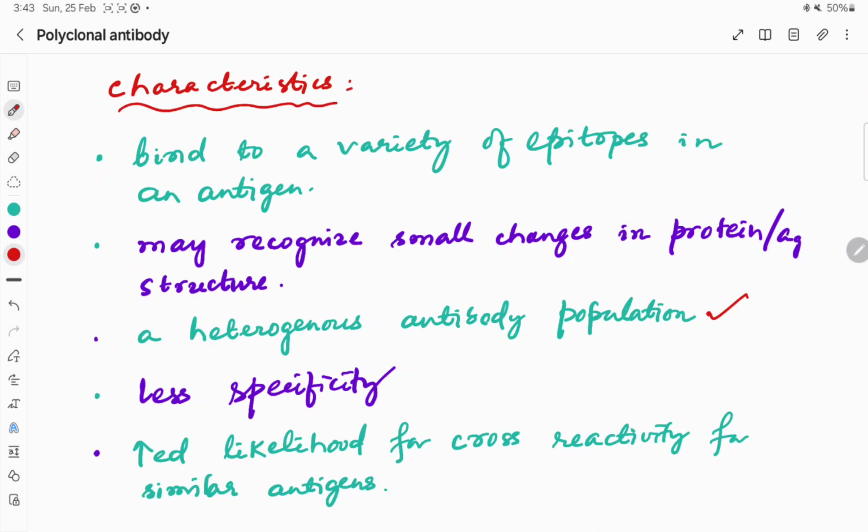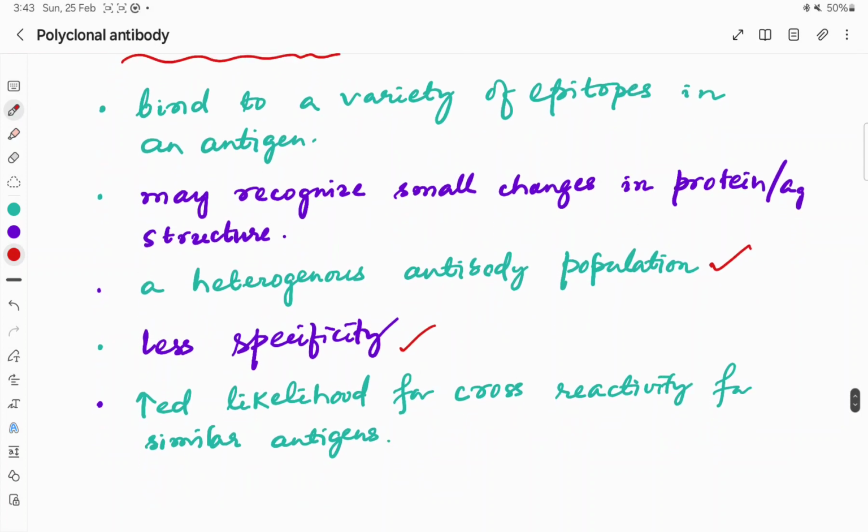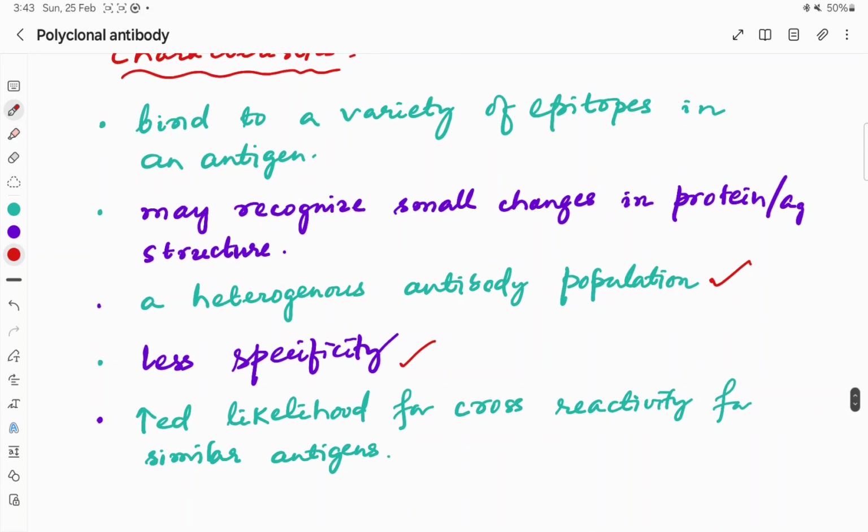It is less specific because it can bind to a variety of epitopes, and there is increased likelihood of cross reactivity for similar antigens. So we cannot say that this antibody will bind only to the specific antigen. If a similar antigen is available, it may also bind. This is the disadvantage with polyclonal antibodies.